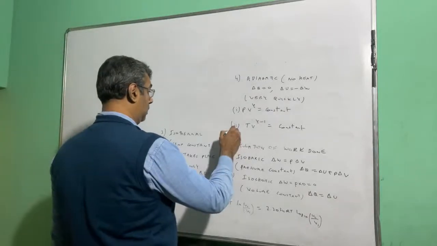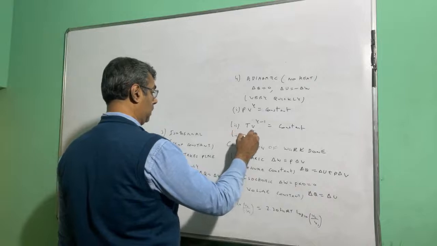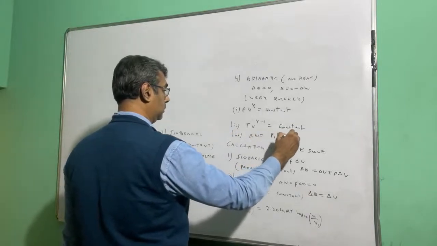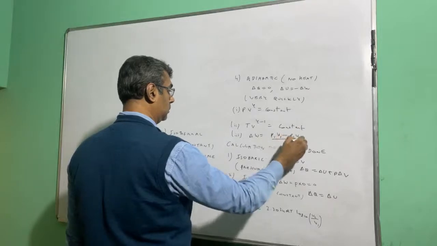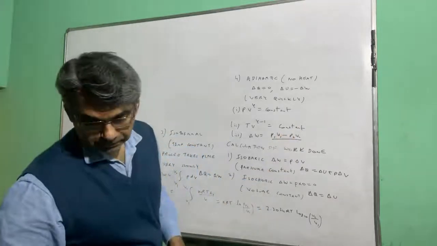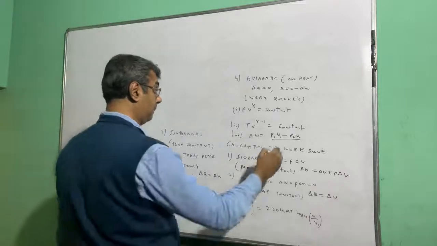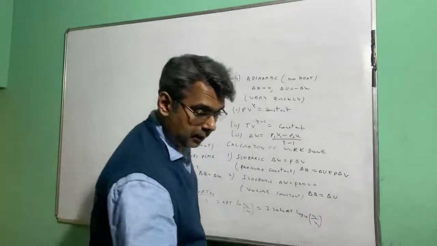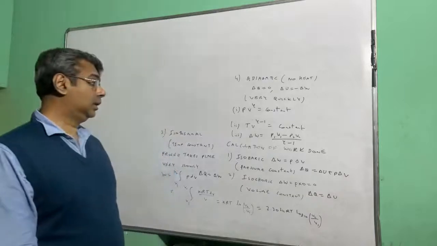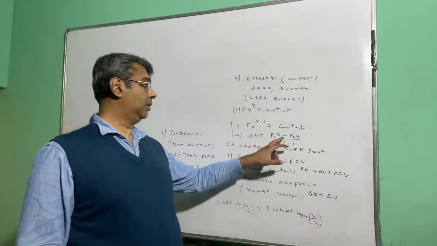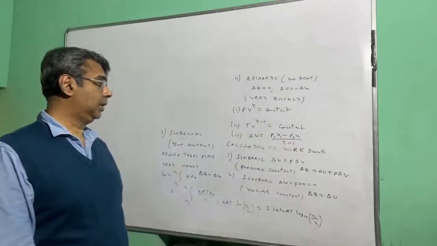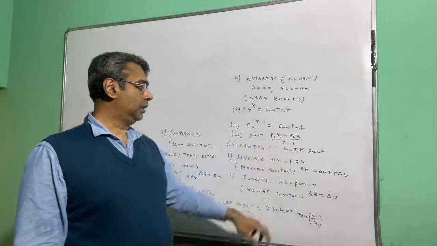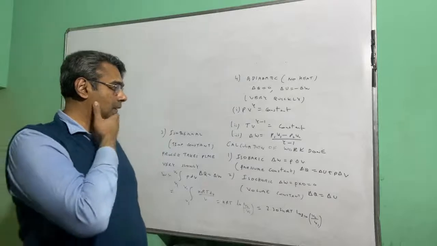And the third one is the work done. So delta W is P1 V1 minus P2 V2 by gamma minus 1.